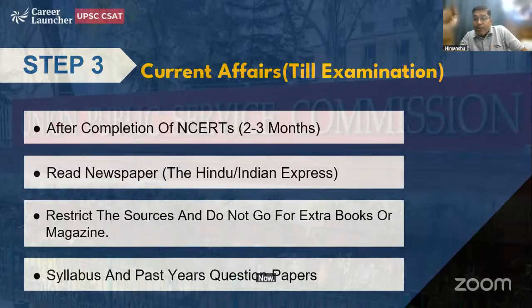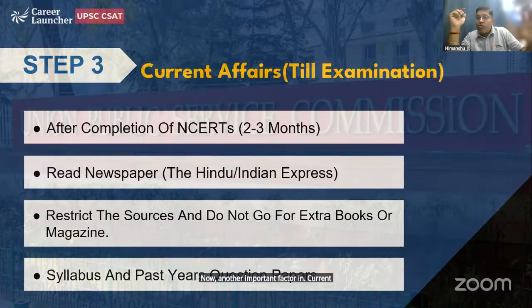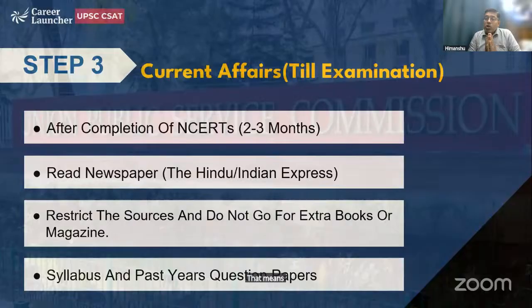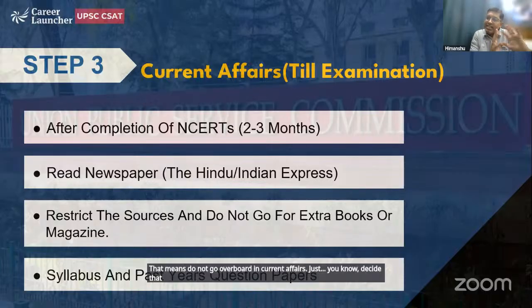Now, another important factor in current affairs is that you have to restrict your sources. That means do not go overboard in current affairs. Just decide that these are the 3 things that I'm going to do, because it's endless.